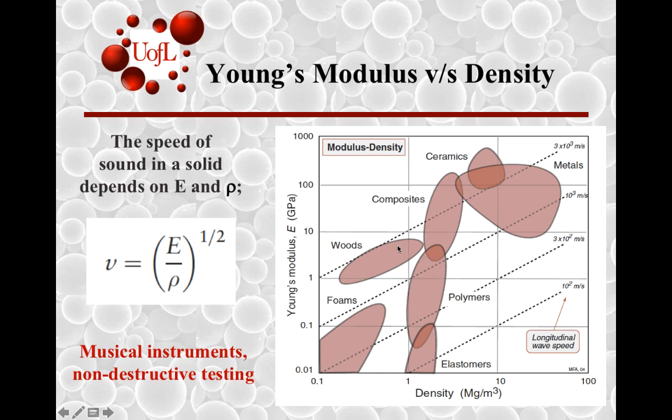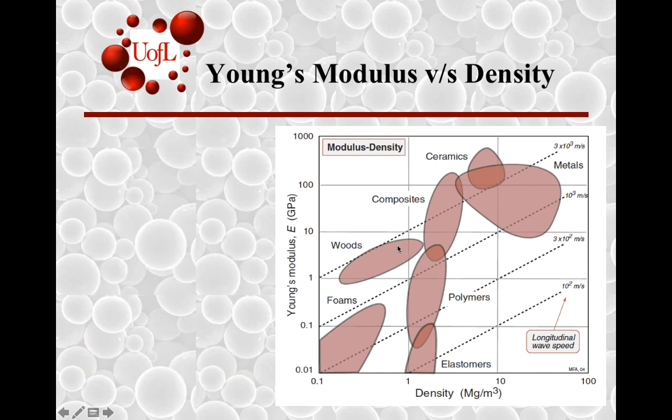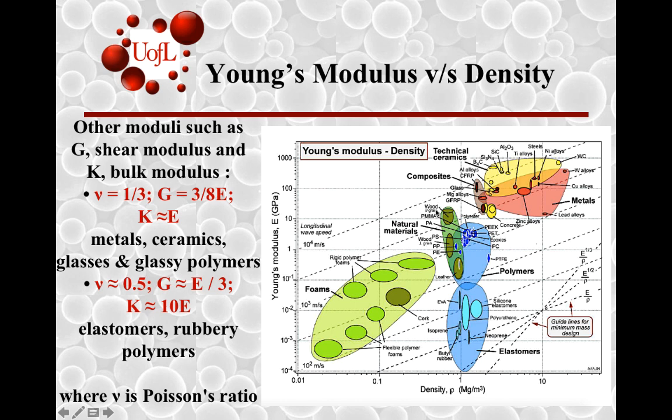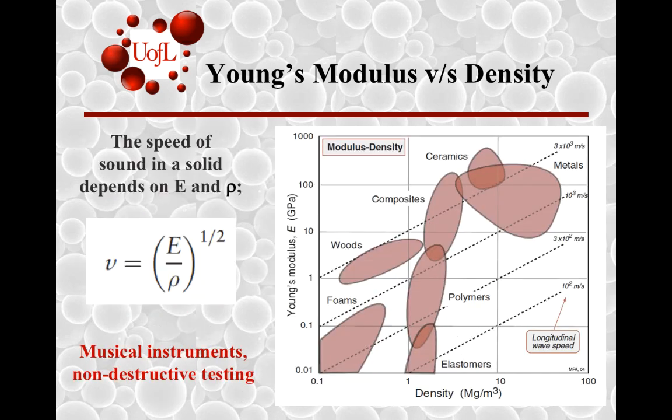And when you remember that we had wood grain orientation affecting the propagation of sound, think about how that is taken into account when fabricating musical instruments out of wood. Okay, by implementing this relationship between the speed of sound and modulus and density, so material composition.